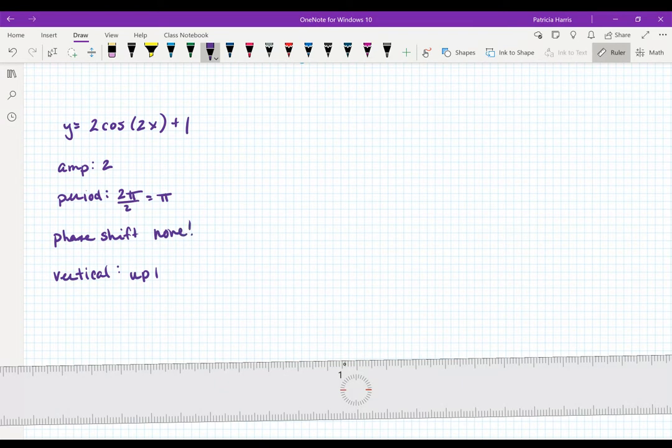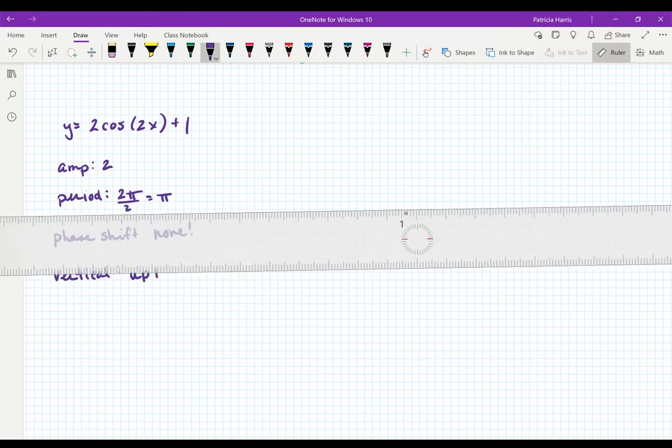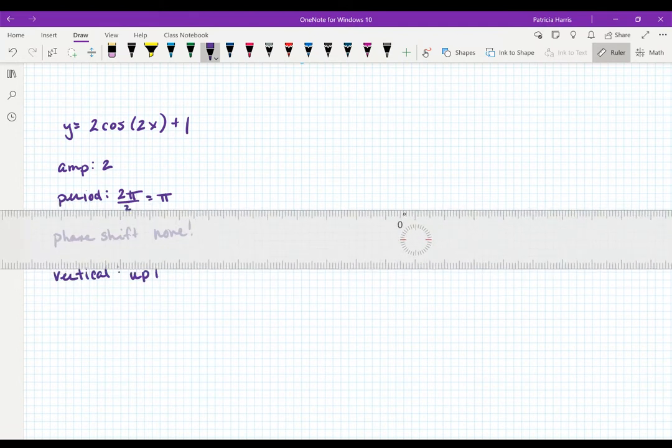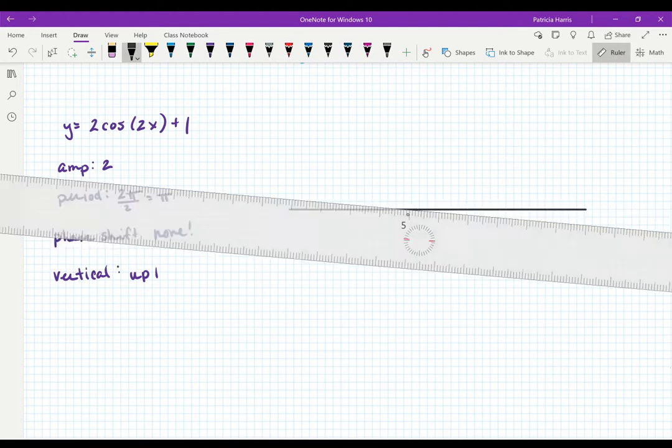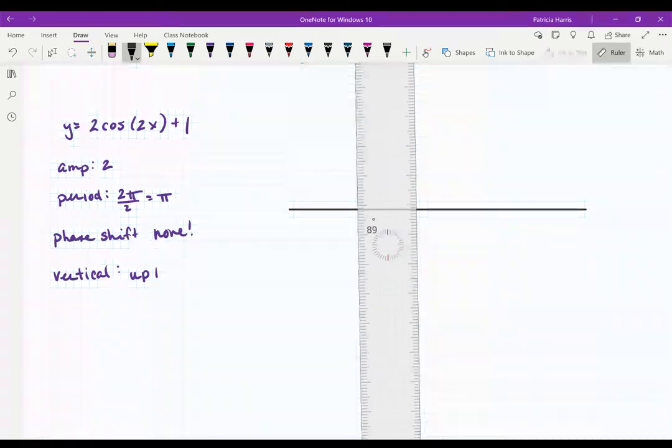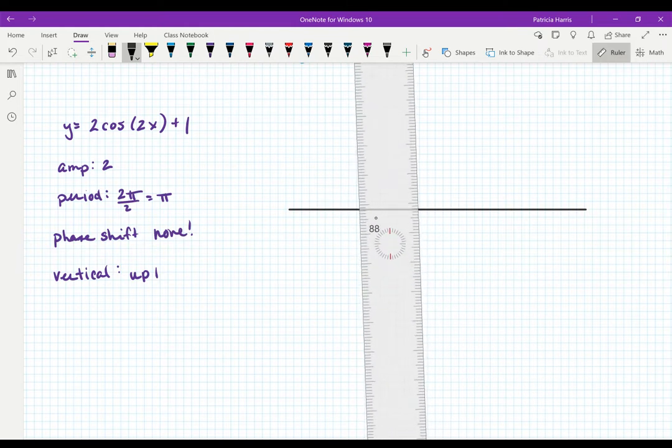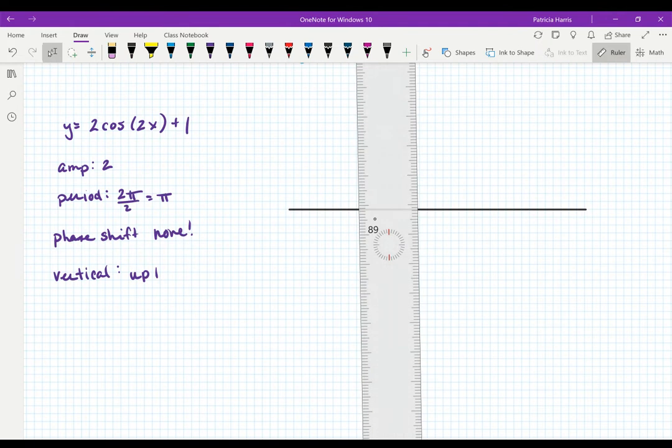Okay, so here we go. Now remember that this is cosine, so we're going to start out a little different. Since I have a period change, I'm going to start by just making the tick marks. And then labeling.